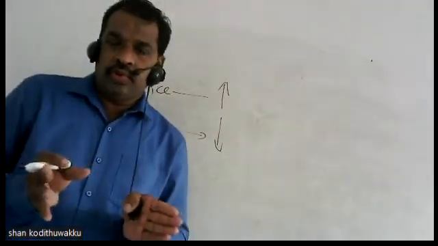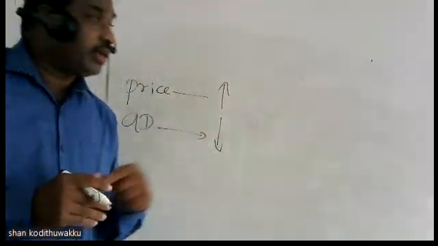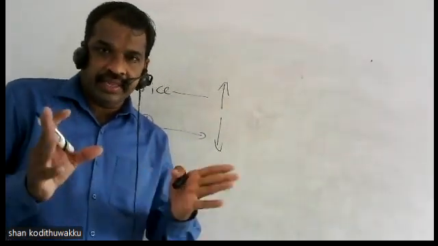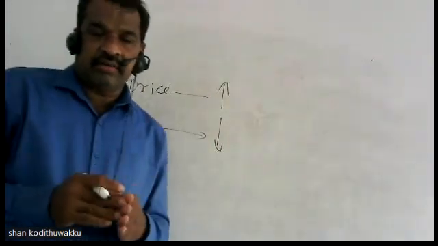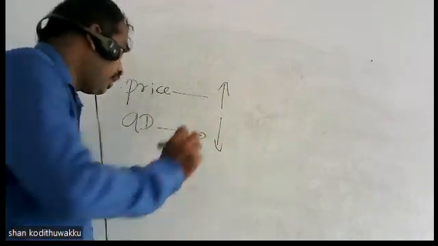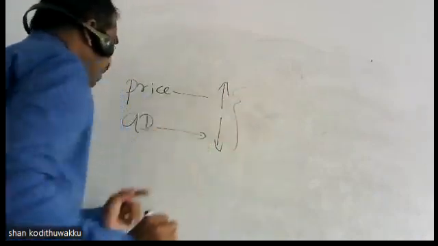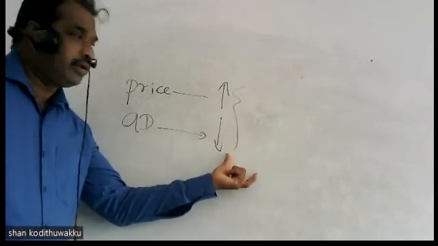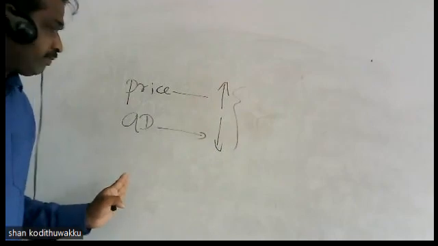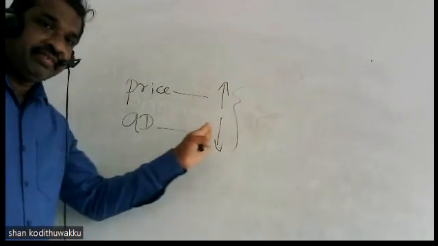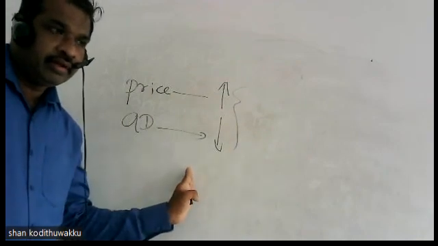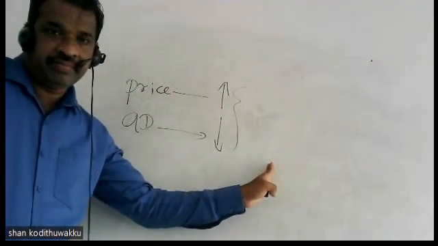For you to have change in demand, that is decrease or increase in demand, there should be change in other factors affecting demand except price of the commodity. Because of price, we can have change in quantity demanded. At the examination, you have to explain when the price increases, there will be decrease in quantity demanded.